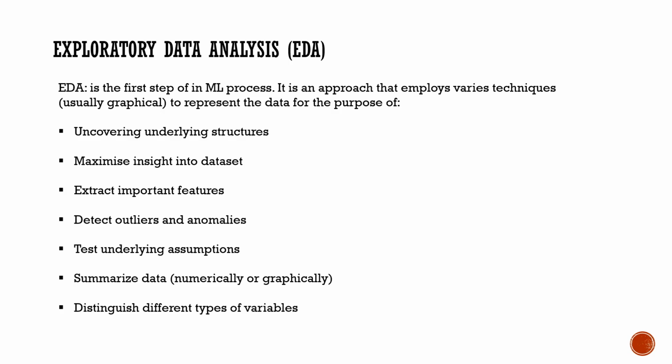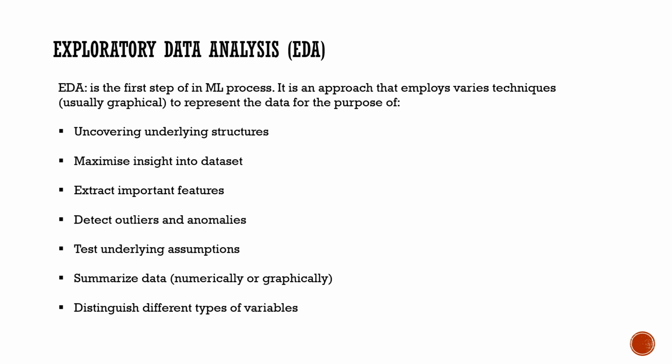EDA will also assist us to detect outliers and anomalies that lie inside our data set. As you will discover in future sessions, outliers might affect the performance of your model as you build it in machine learning.